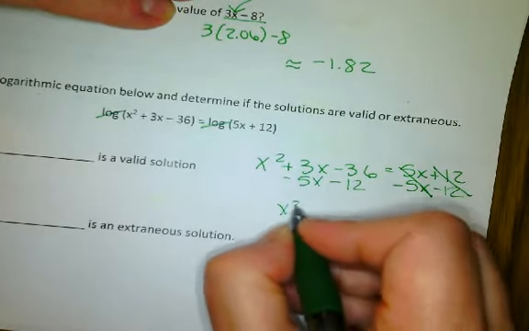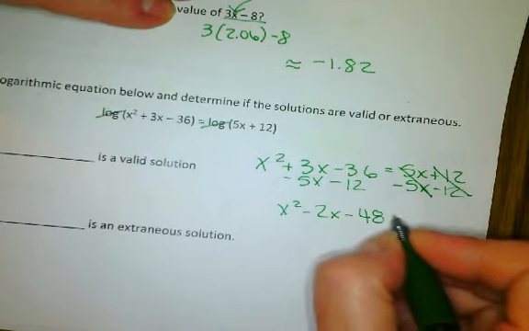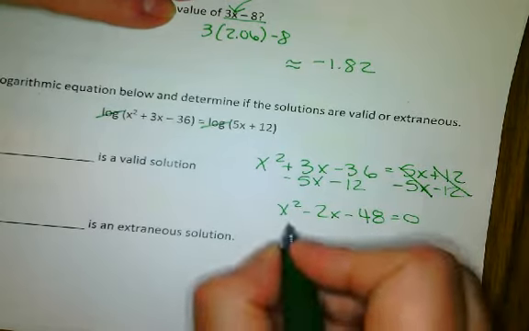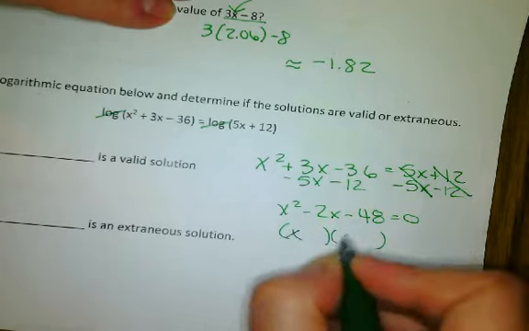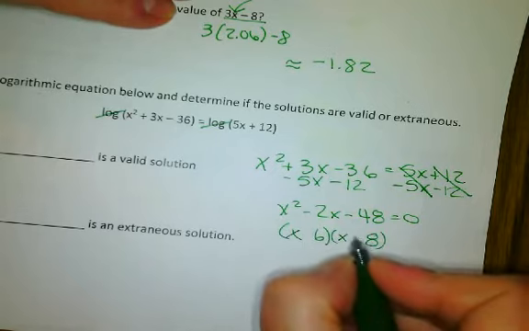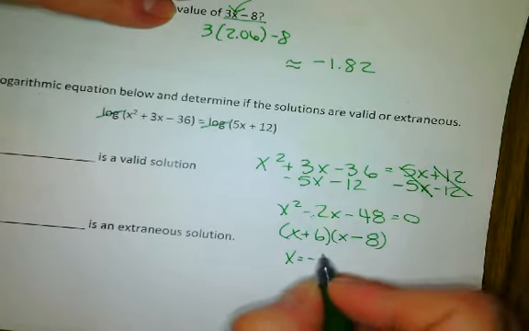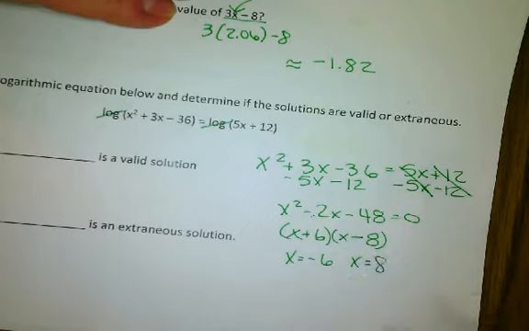When I do that, I get x squared minus 2x minus 48 equals 0. I'm going to use 6 and 8 because that gives me 48. And if I make that a negative and this a positive, it gives me negative 2. So x equals negative 6 and x equals 8.